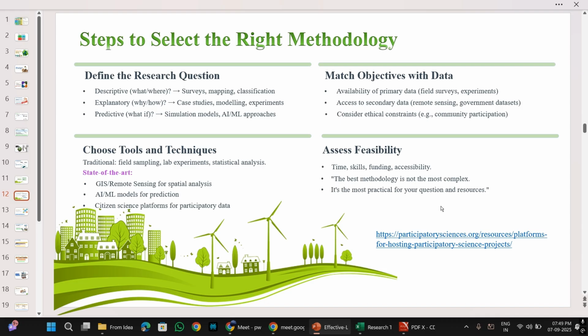But then, what is important is, it is not necessary that the methodology has to be complex. It is more important that the methodology that you use is going to yield relevant data, based on which you will then generalize your findings for the study that you did, right?